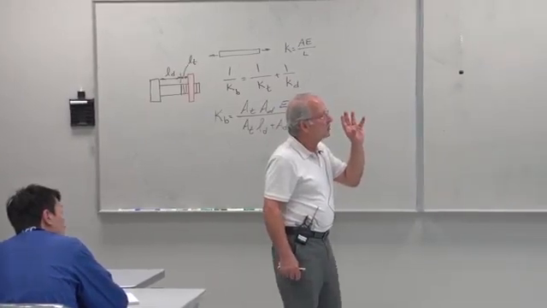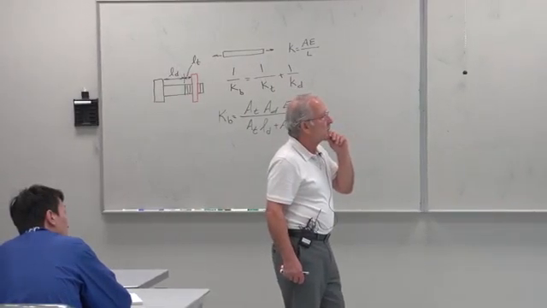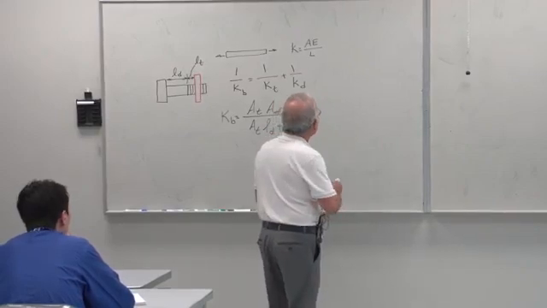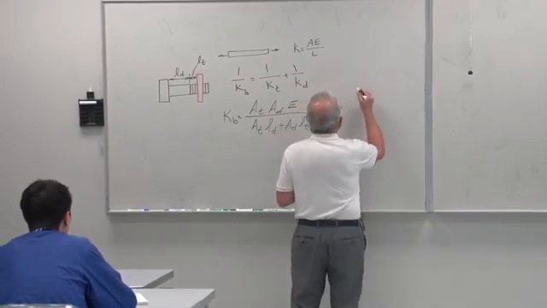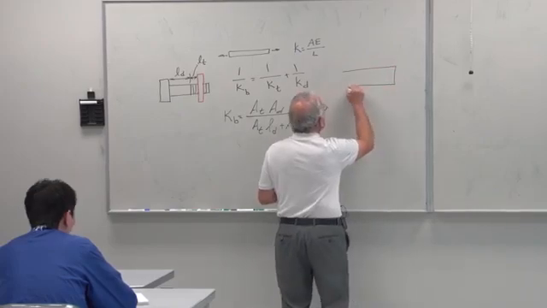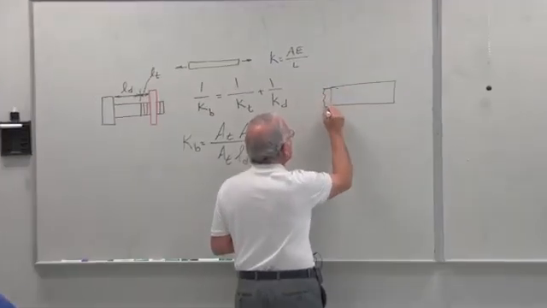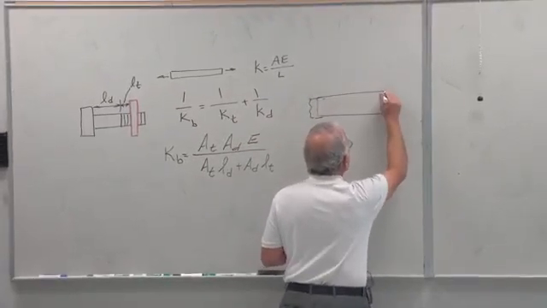And let me draw an arbitrary joint here with two members. I guess it could continue on either side. It doesn't have to end here.